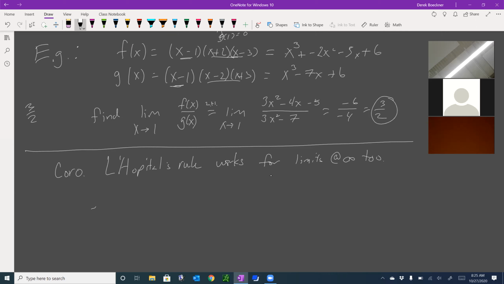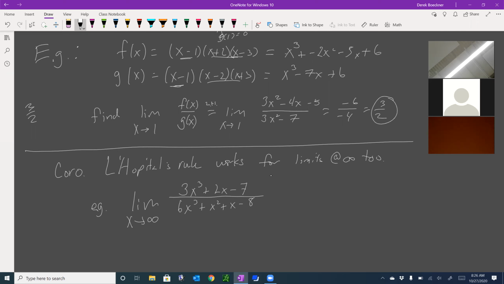For example, if I want to take the limit as x goes to infinity of 3x cubed plus 2x minus 7 over 6x cubed plus x squared plus x minus 8, this is going to look like infinity over infinity.